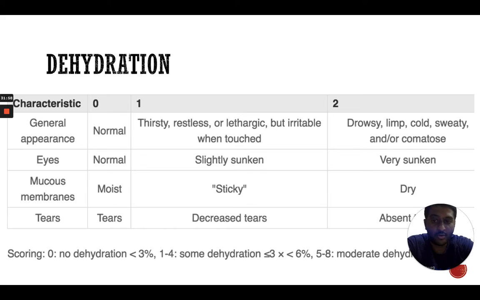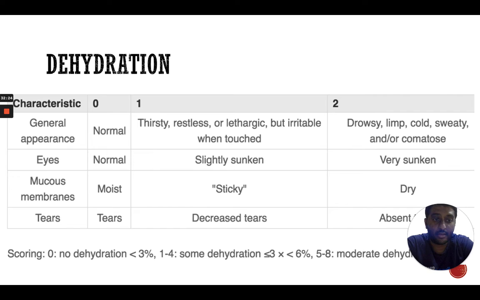If the score is 0, there's no dehydration. 1 to 4, some dehydration. Why do we need to know this? Because if you can estimate the amount of dehydration, we can give them adequate fluid replacement based on that.